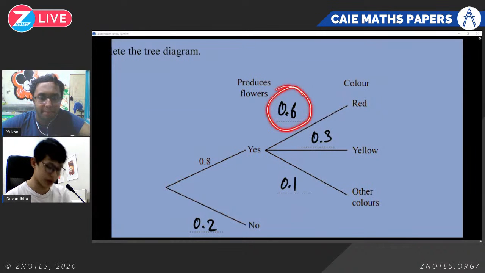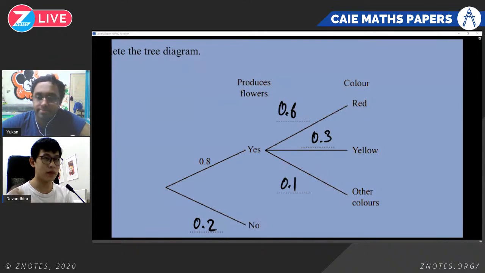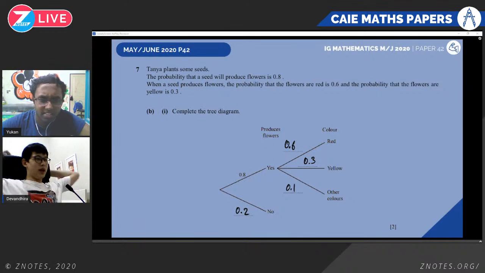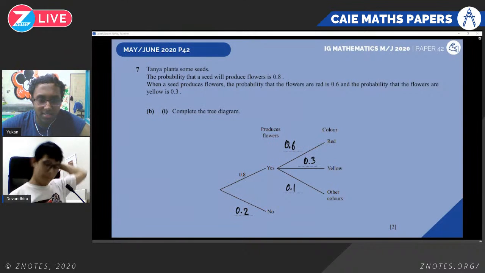So we put 0.6 here. Same thing for yellow, it's 0.3, so put 0.3. Other colors are what we found before, which is 0.1. Agree then. Yep. So that's your easy 2 marks. Anything you want to add here, Yugan? No, this is very straightforward probability calculation.